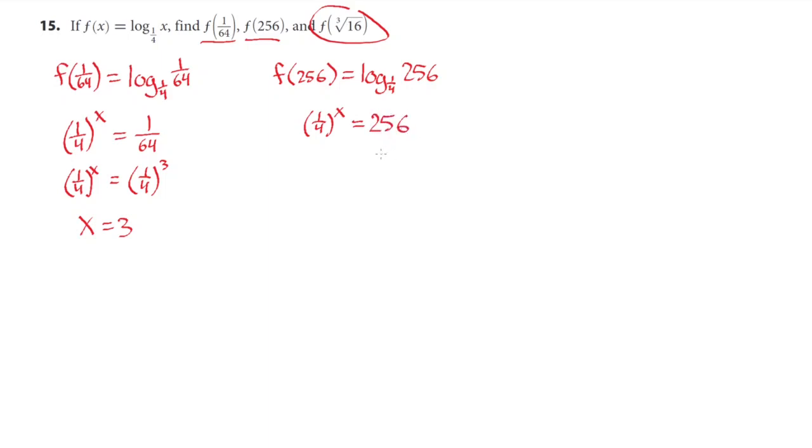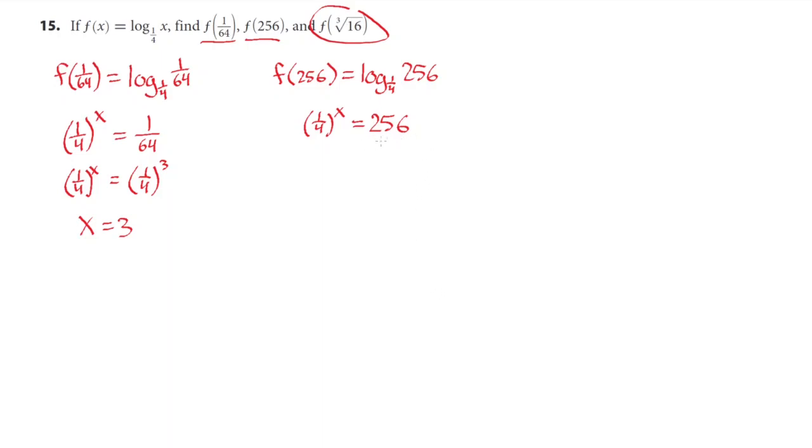So first, I'm going to try to turn this into a power of 4, and then use the negative exponent property to flip it over and call it 1/4. If I have a whole number and I want to change it into a fraction using an exponent property, then I'm going to be using the negative exponent property.